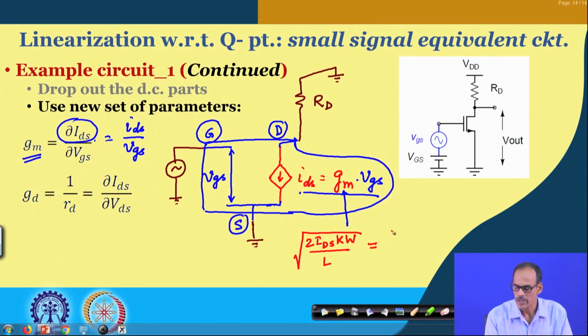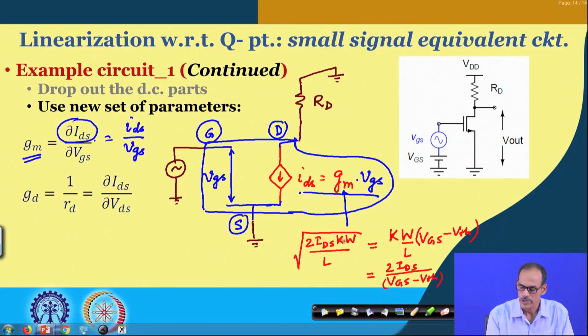This is also the same as k W by L times VGS minus VTH, and it also has another form: 2 IDS divided by VGS minus VTH. So, whichever of these 3 forms you consider, all of them essentially represent this GM.